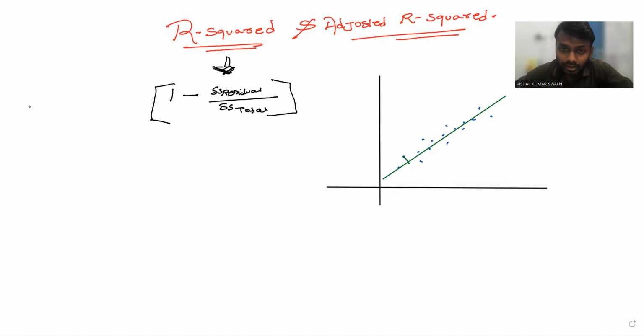Here, the difference between the blue and the green is nothing but the error part. Our aim is to minimize this error. Yes or no? Okay, if you minimize this error, then our model is a very good model.